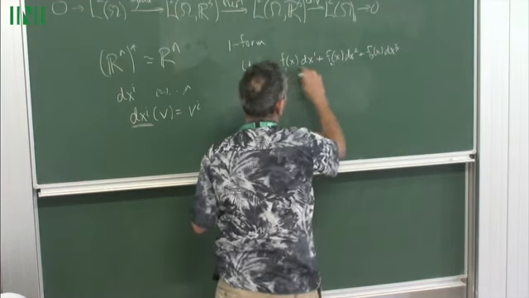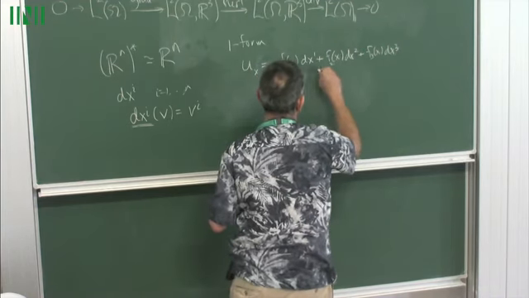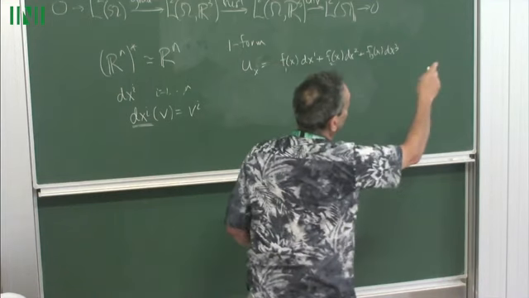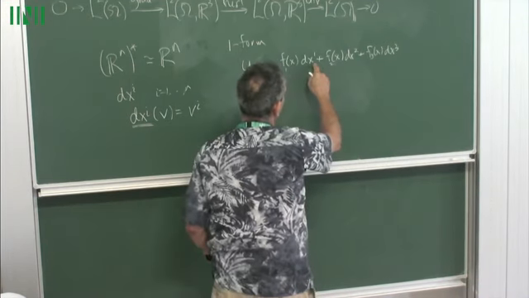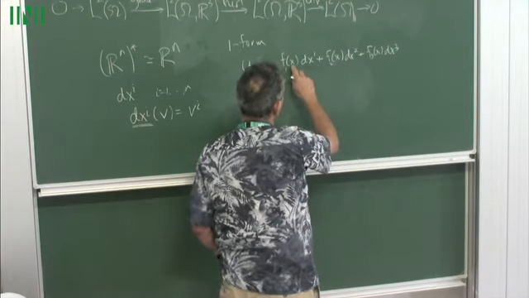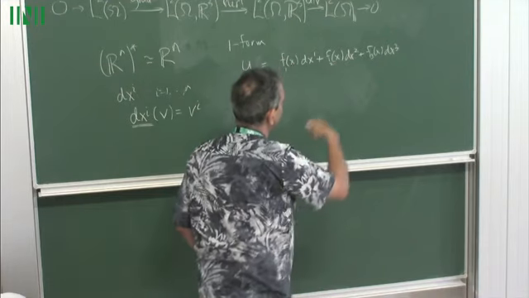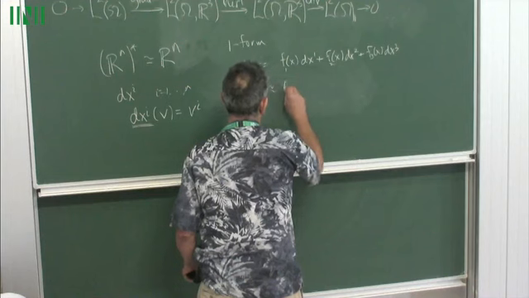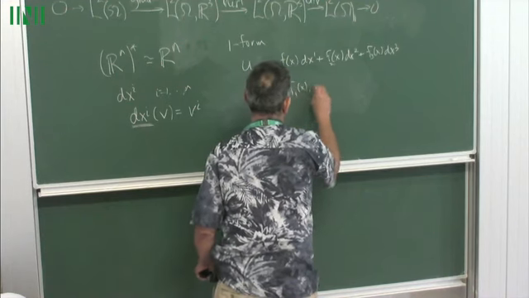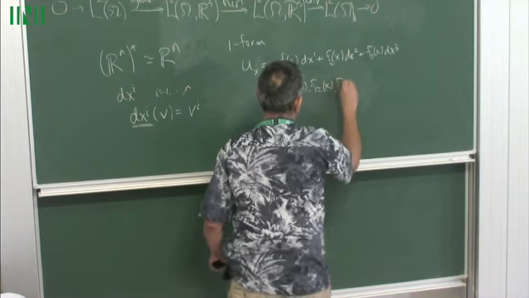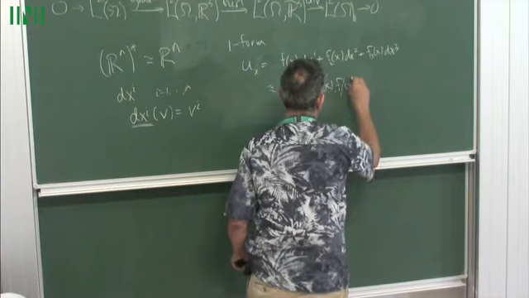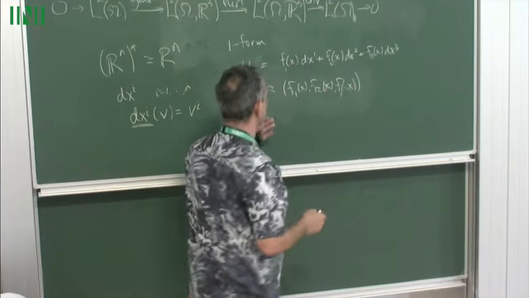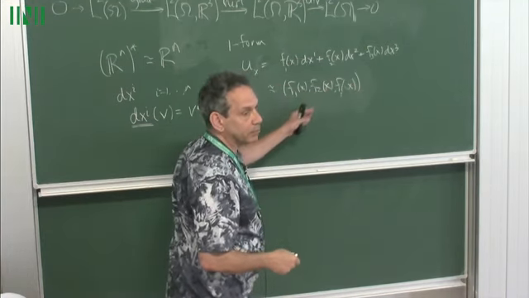So this is a general element of the dual space of R3, and the element depends on x, so it's a function into the dual space of R3. So of course we can identify this with f1 of x, f2 of x, f3 of x, and that's why we say a one form is really just a vector field.